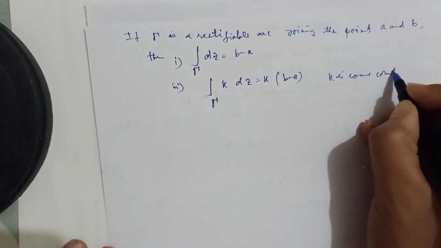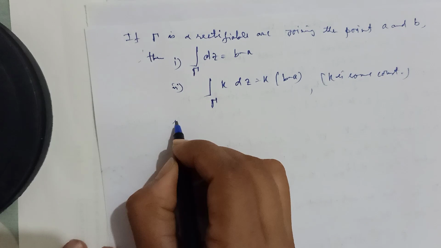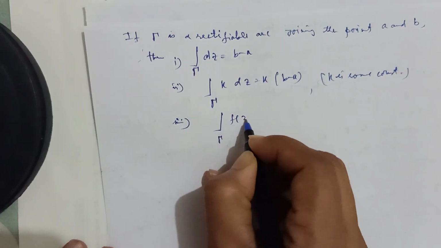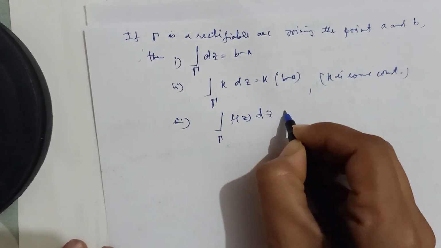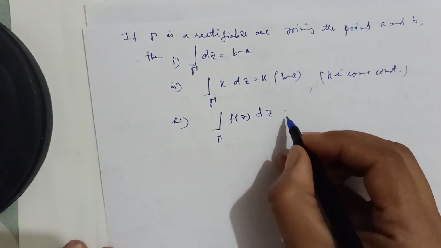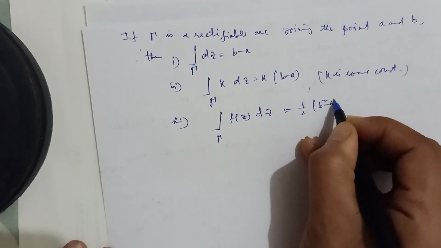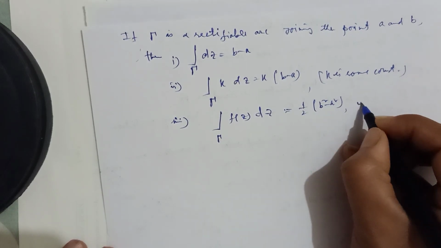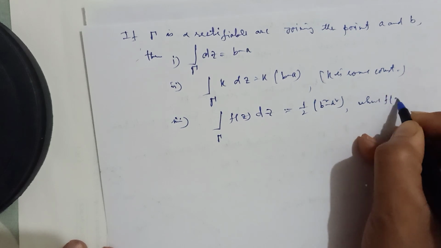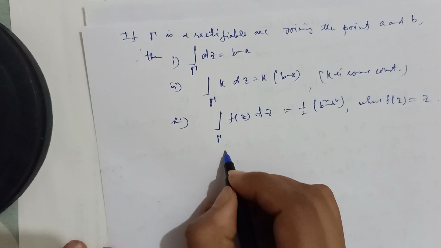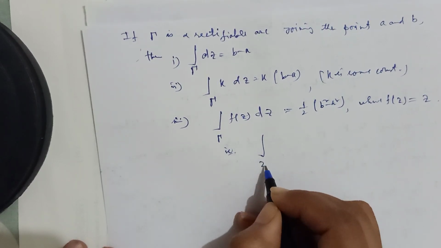And the third thing is the integration over gamma of f z dz, where f z equals to z, that is the integration over gamma of z dz equals to half of b square minus a square.